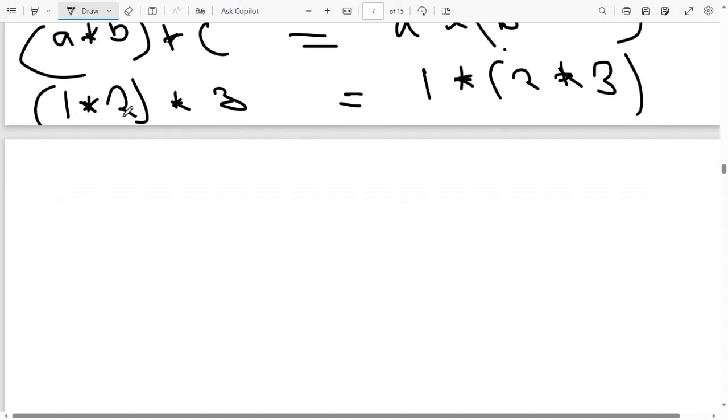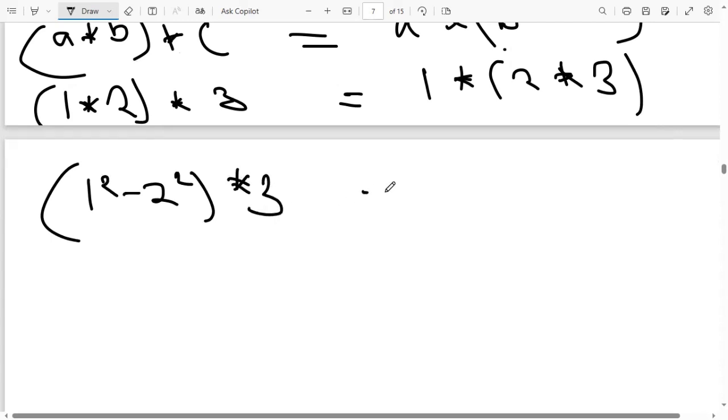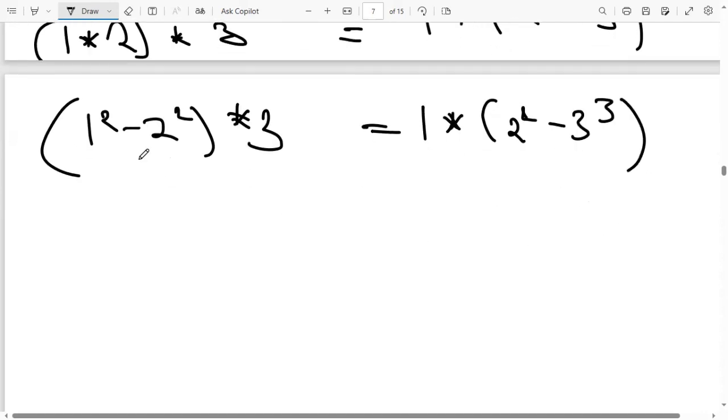So 1 star 2 will just be 1 squared minus 2 squared. We can put this in brackets and then say star 3. That is equal to, starting with what is in the brackets, 2 star 3, which is 2 squared minus 3 squared. Meaning the first one here will just be 1 minus 4, which is minus 3, star 3.